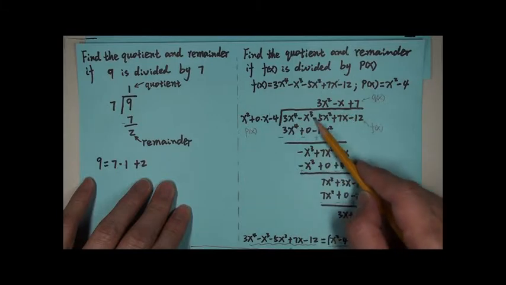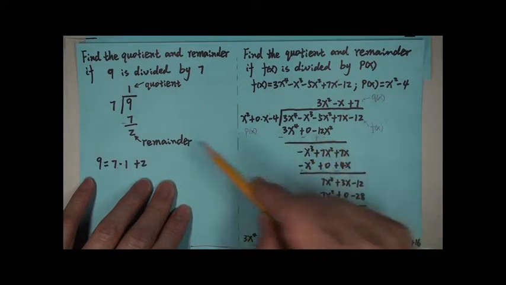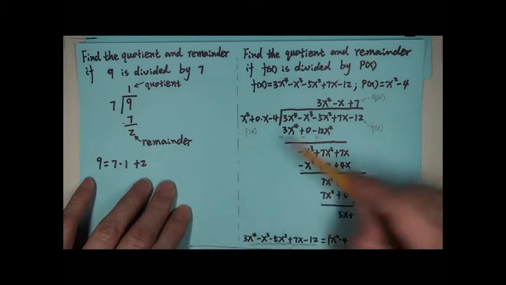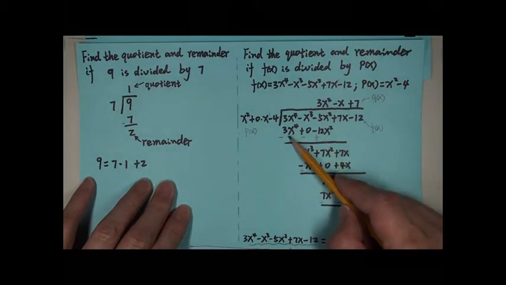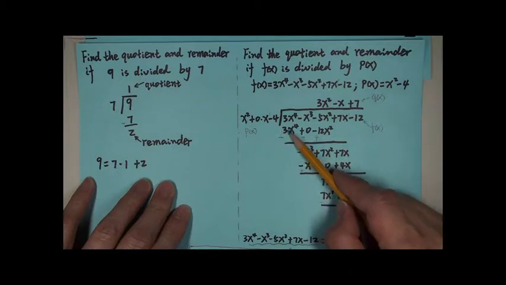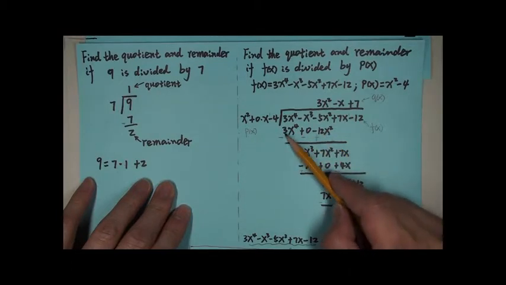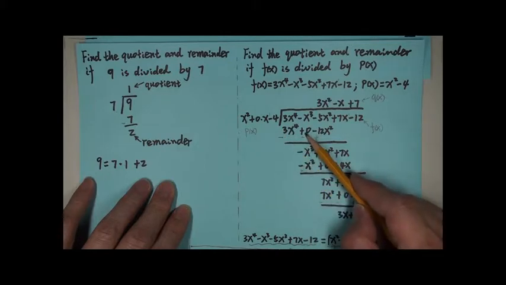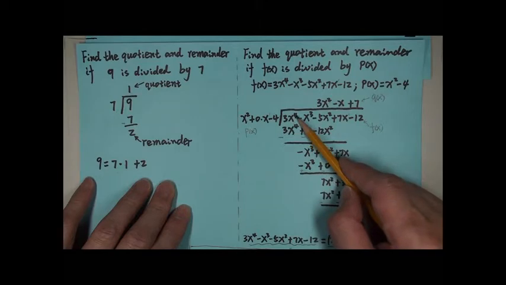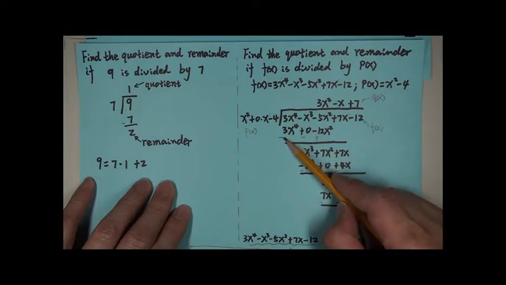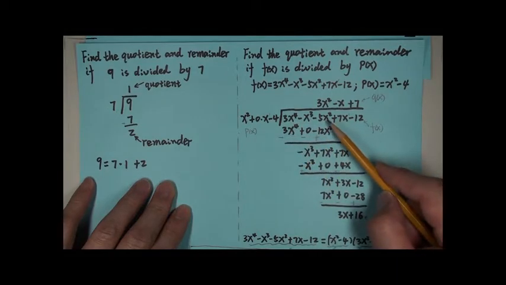Now you do upstairs minus downstairs, like what we did with 9 minus 7. If it's minus, you change all the signs below. So it was plus, now it is minus, and minus negative 12x squared is actually plus 12x squared. Positive 3x to the fourth and negative 3x to the fourth cancel each other.